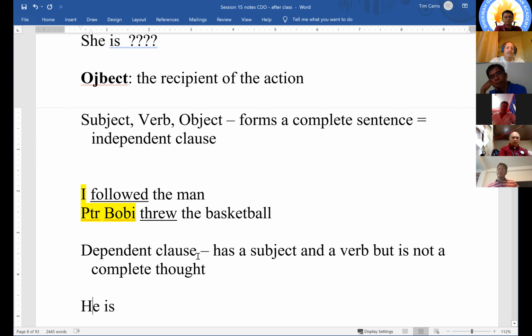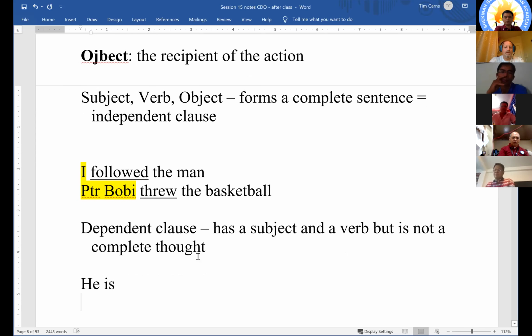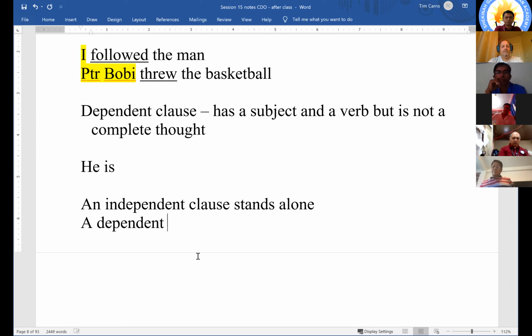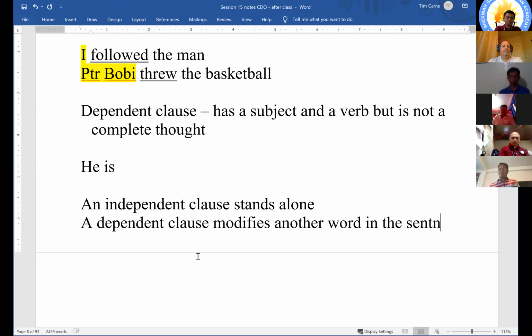Because an independent clause stands alone. A dependent clause modifies another word in the sentence. A phrase modifies a word in the sentence. Okay?